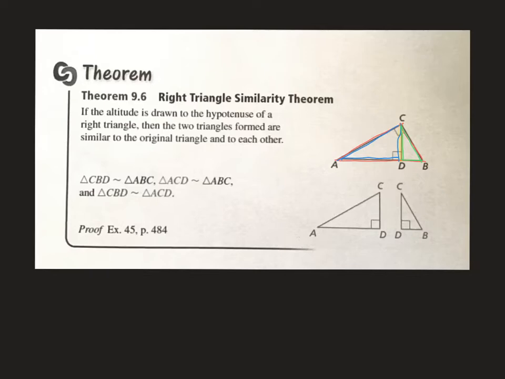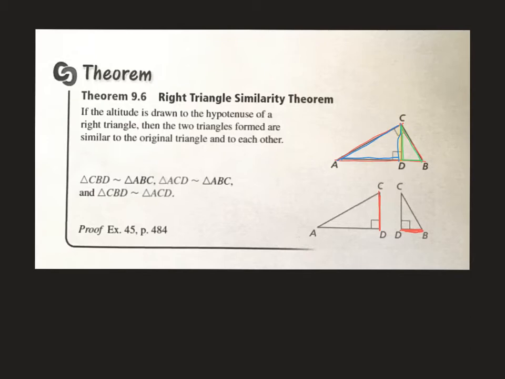So when we think about this, we'll look at the 2 triangles separated. In this triangle on the right, CDB, DB is the shortest side of that triangle. And on the triangle on the left, ACD, DC is the shortest side.